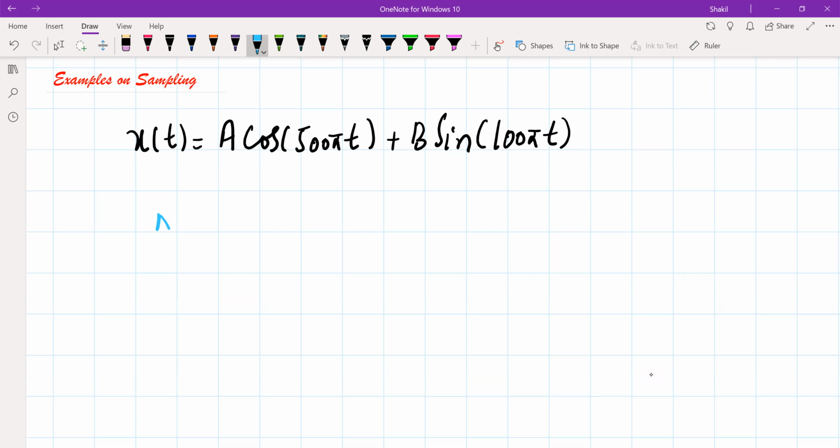Remember, the Nyquist rate is simply 2 times the maximum frequency component, whether the values are given in radians per second or in hertz.